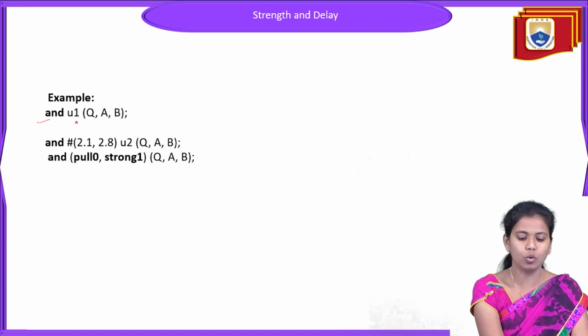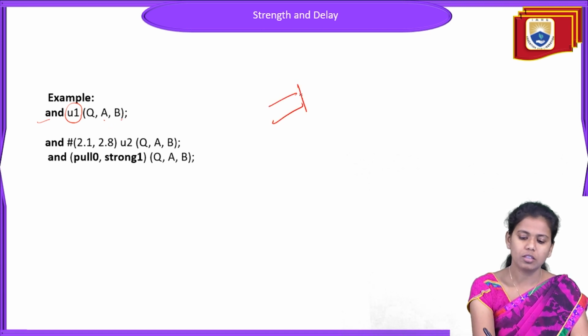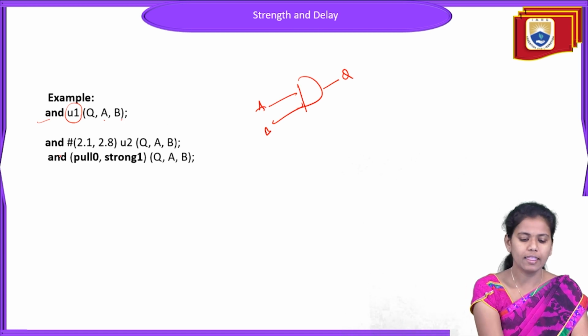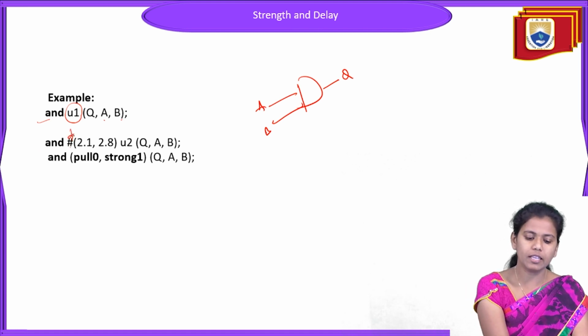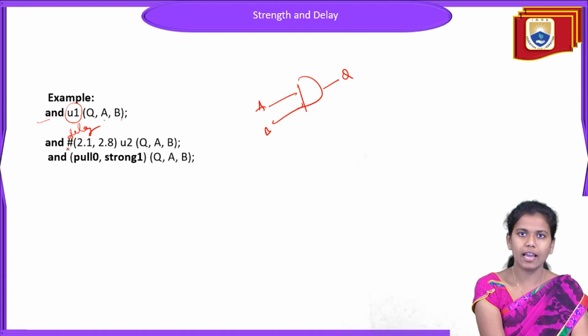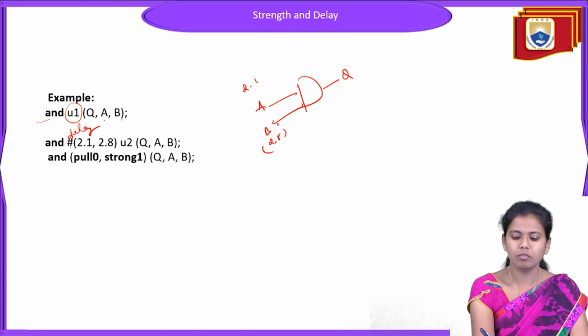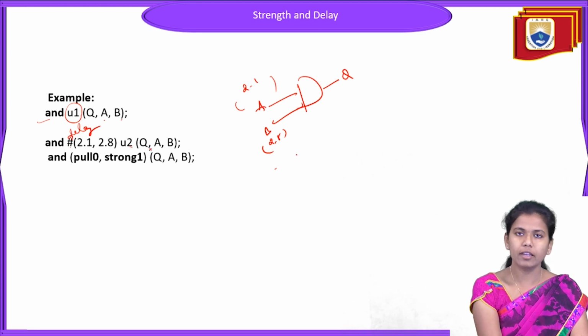U1 is the name of the gate that I'm considering, and in the terminal list we are representing the output Q first and then the A, B input terminals. Then the delays: one input is going with 2.1 and the other input is going with 2.8. This is with respect to the delay.